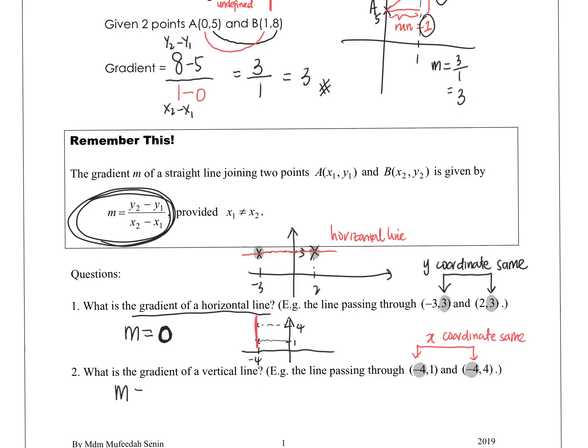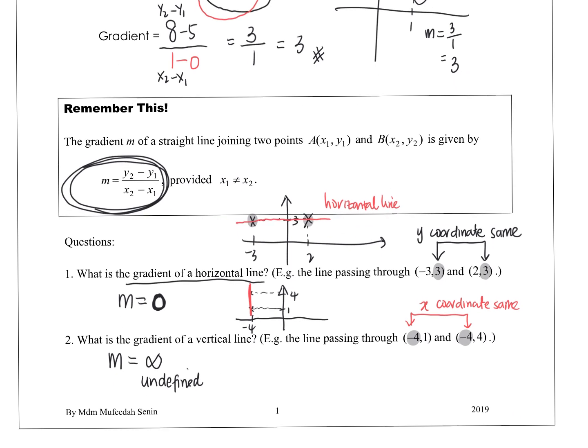So technically your gradient is undefined. Because why? You will end up calculating gradient to be like this. We can't have a fraction dividing by 0, it is undefined. So when your calculator gives you math error, you should suspect that your line is a vertical line. That's why you cannot find the answer. Do we write the infinity symbol? Yeah, you can write like that, or you can just say it's undefined.